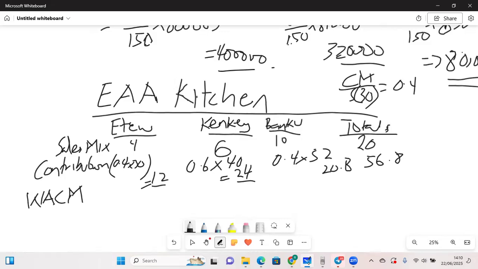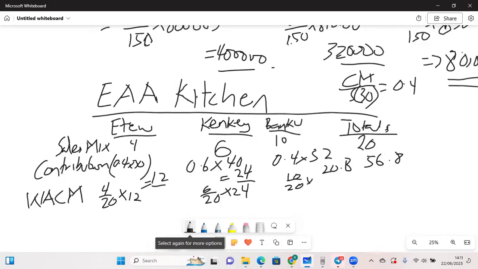So when we take the first one, each sales makes 4 over 20, sorry, times 12. And we take the second one, 6 over 20 times 24. And we take the next one, 10 over 20 times 20.8.